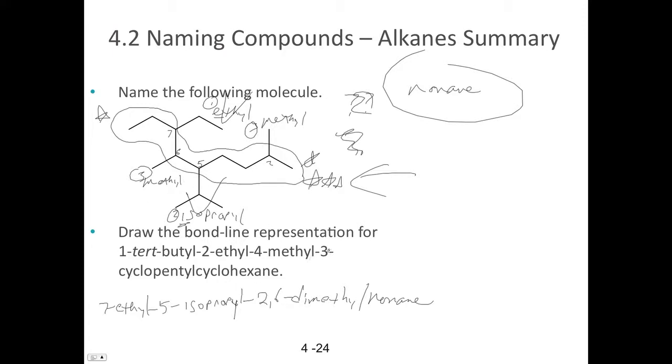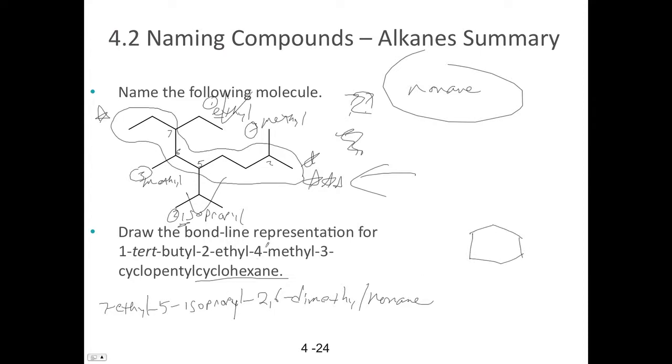Draw the bond line representation for 1-tert-butyl, 2-ethyl, 4-methyl, 3-cyclopentyl cyclohexane. So let's do this really quickly. What is the parent? It's a cyclohexane.